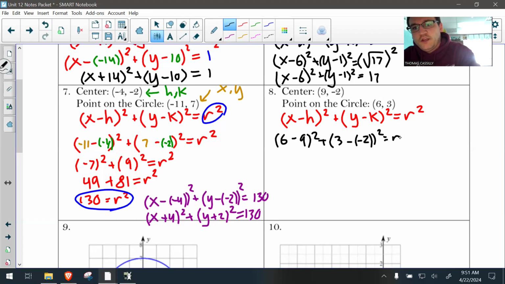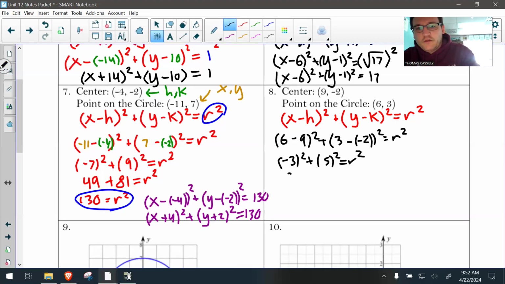This equals the radius squared. So again, just going through, evaluating everything. This is -3 squared plus, let's see here, that ends up being 5 squared equals r squared.